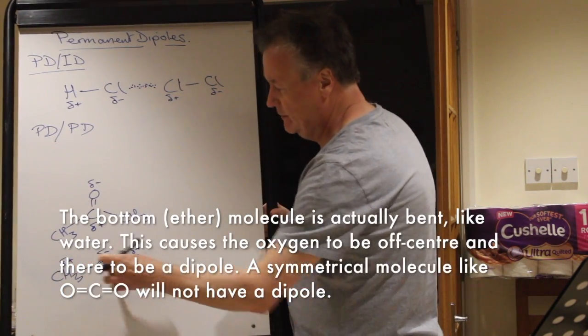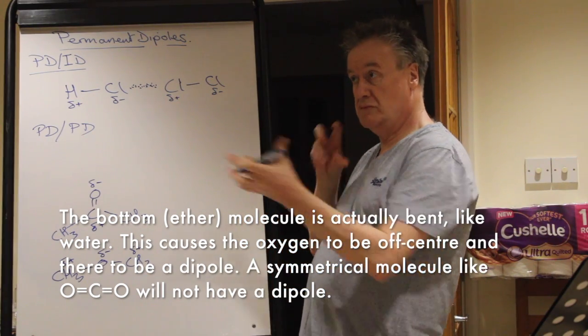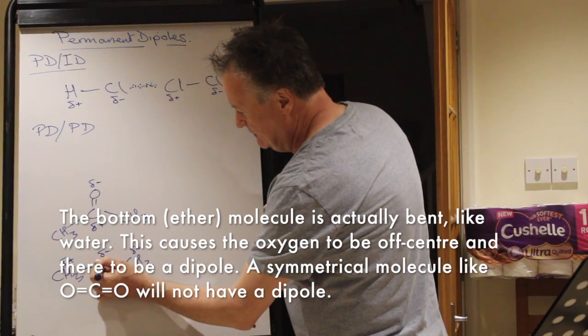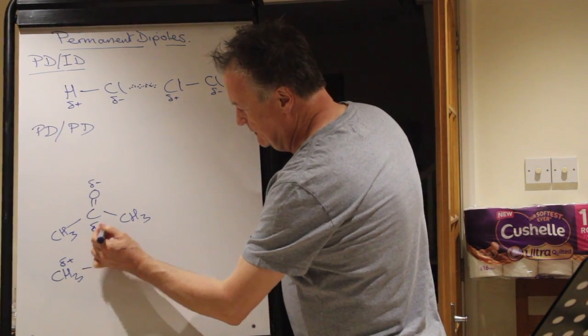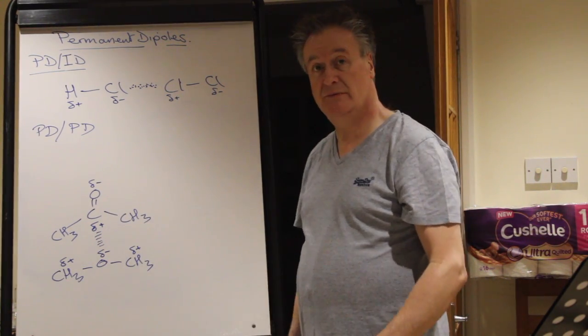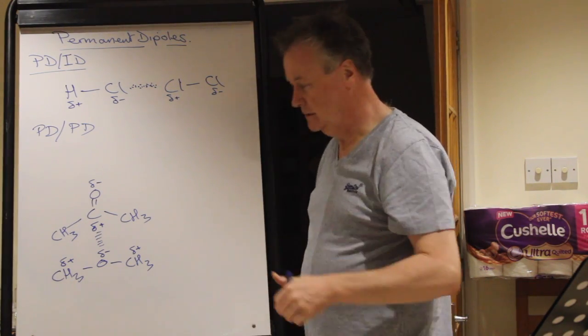They won't be so big as the oxygen's delta minus, because the delta minus is split to two dipoles going to the left and the right, but there's your interaction. That is a liquid at room temperature, that is a liquid at room temperature. They are likely to be miscible, mixing together, the word that's gone.